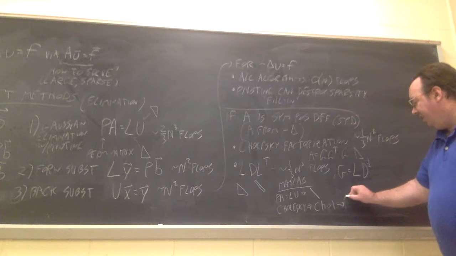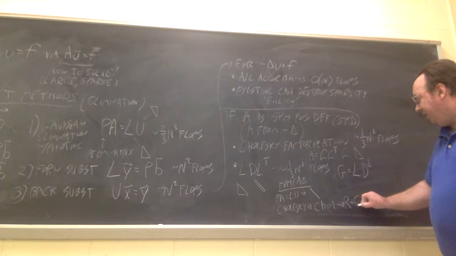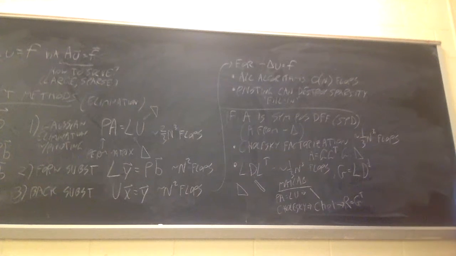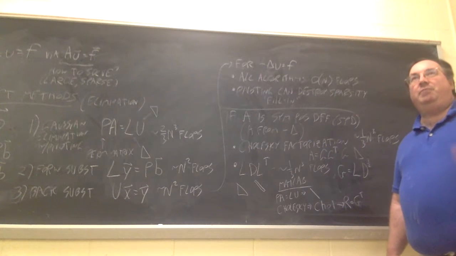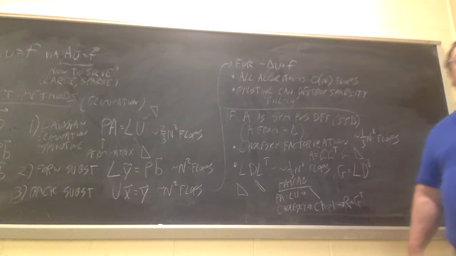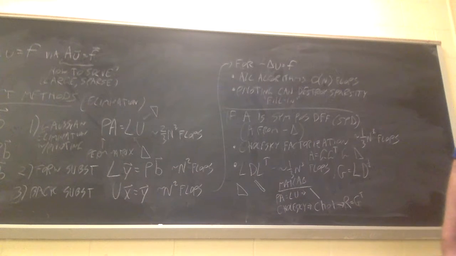So it outputs the matrix R, which is the same as G transpose. It's just a notation thing. And then you can solve your upper and lower triangular systems with that using backslash, because backslash is a very intelligent operator. If you use backslash with a matrix that's already triangular, it will detect that, and it won't do elimination again. It'll actually go through the substitution process directly.